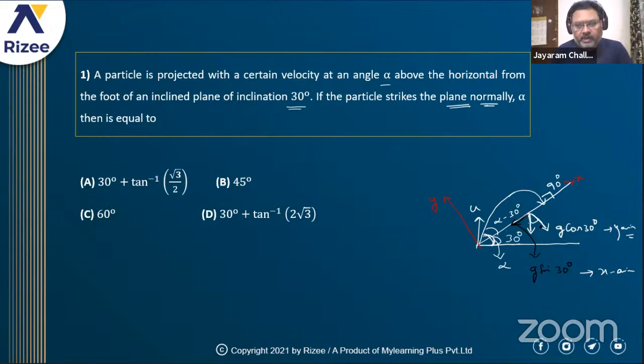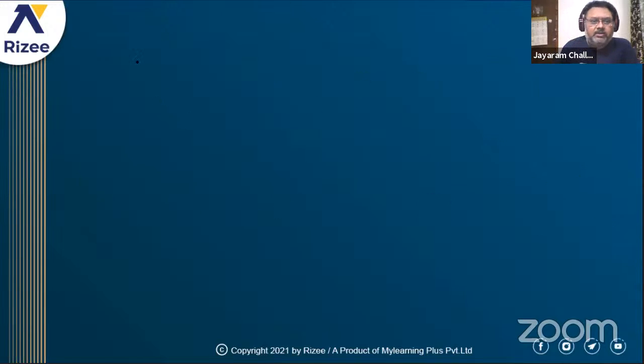So what you can analyze when you read the question carefully is that since it is falling normally onto the plane, the final velocity along the x-axis, Vx, has to be 0.